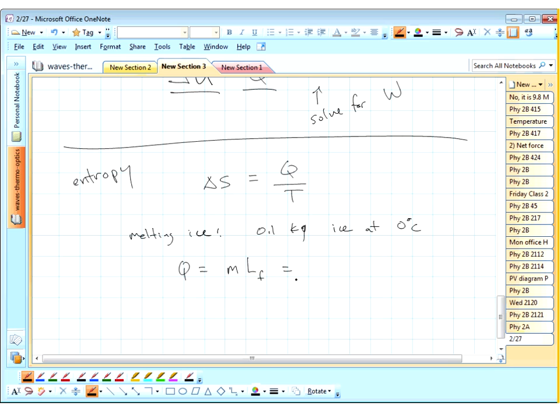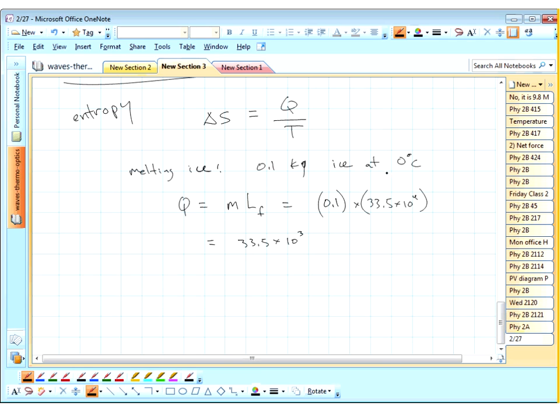And what is the latent heat of fusion? 33.5 times 10 to the 4. So that gives us some value, whatever that is. That's 33.5 times 10 to the 3rd.